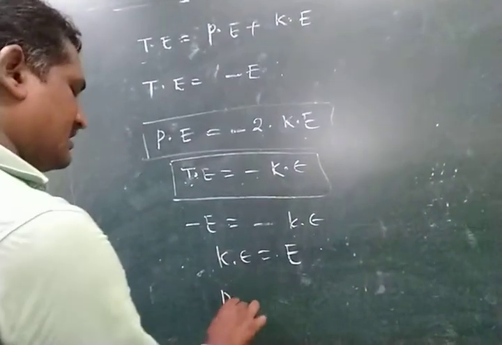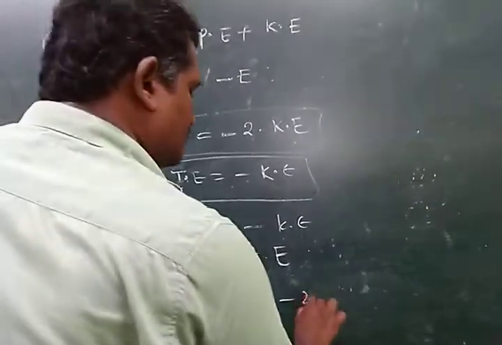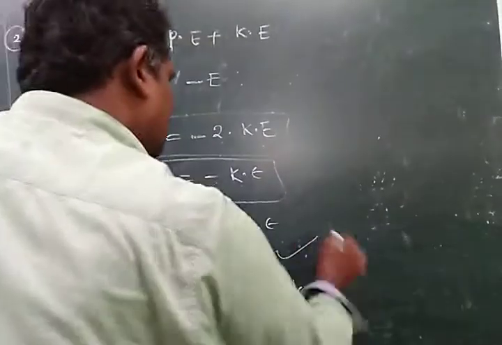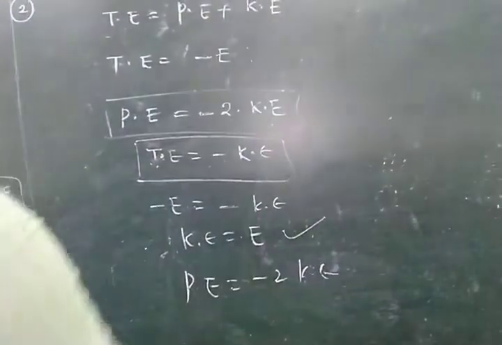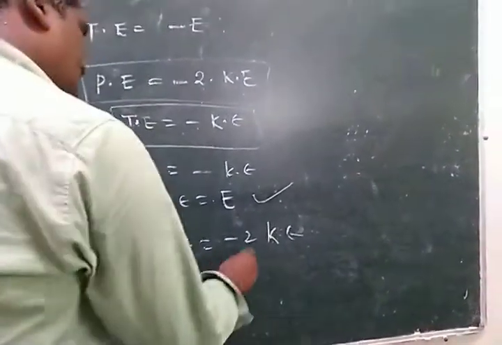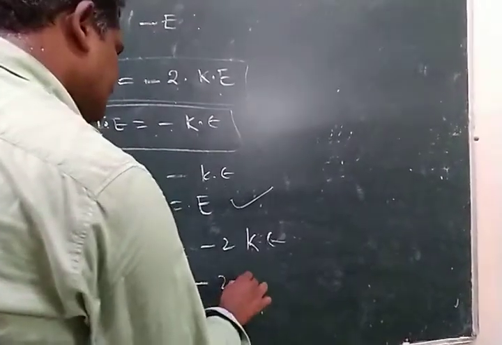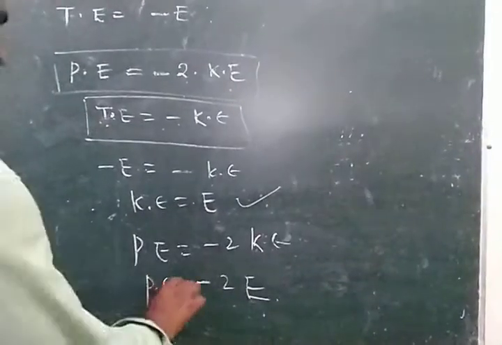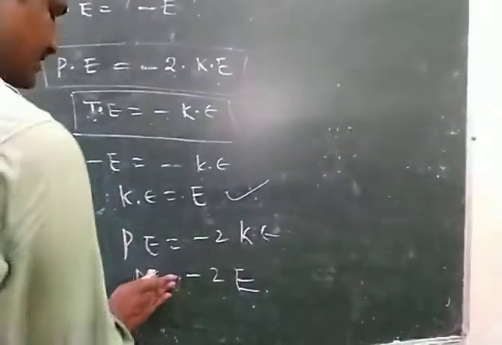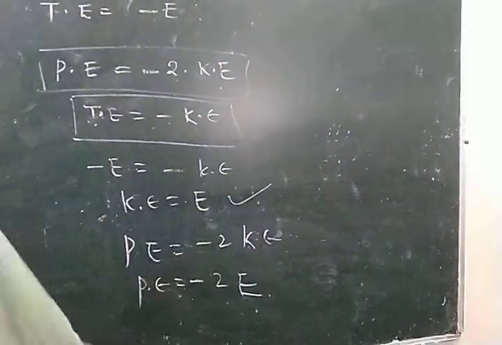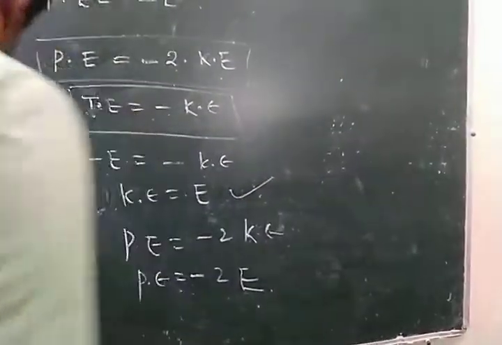So kinetic energy equal to E and potential energy equal to minus 2 KE, which is minus 2 E. In the options they have given kinetic energy E and potential energy minus 2 E.